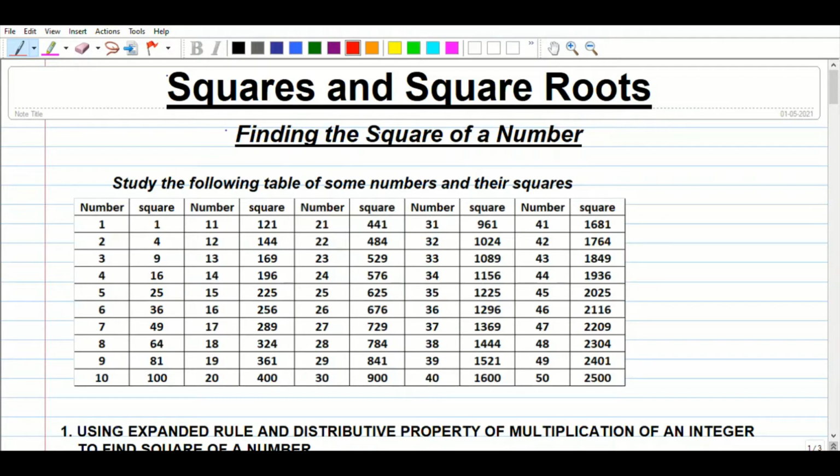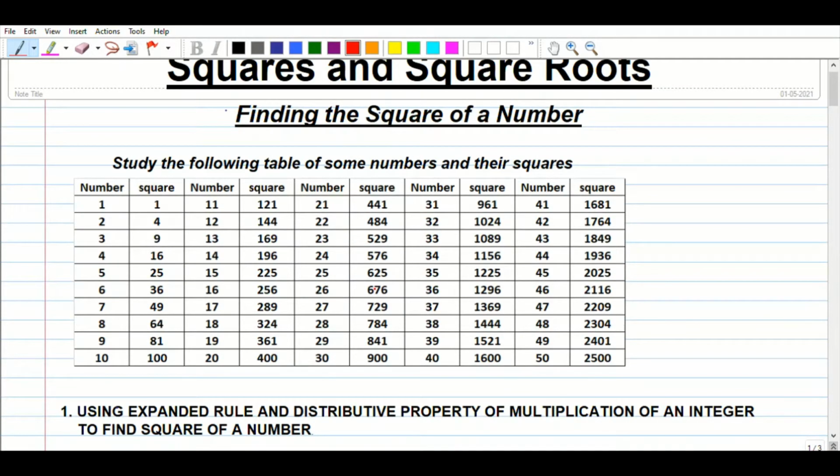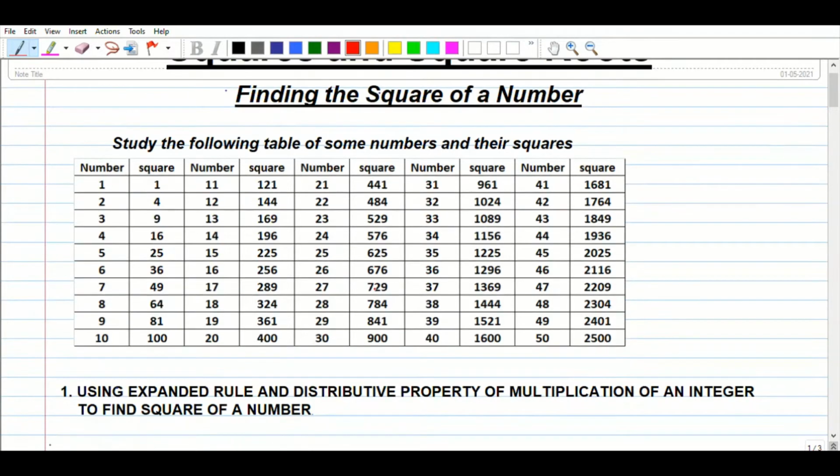So it is required by using the expanded rule and the distributive property of multiplication of an integer to find the square of a number.